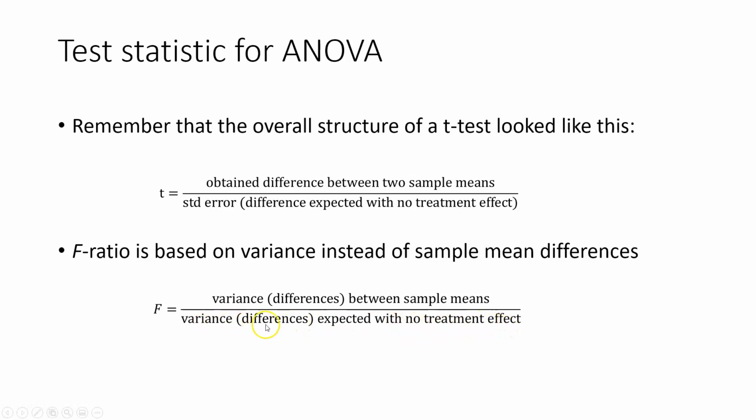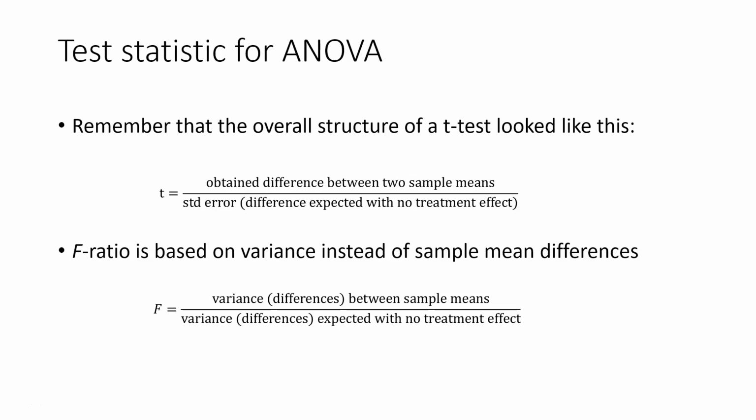So the differences that we would expect to find just by chance. So we compare how big a difference we saw versus how big a difference we would expect to find just by chance if the null hypothesis were true and the treatment didn't really work.